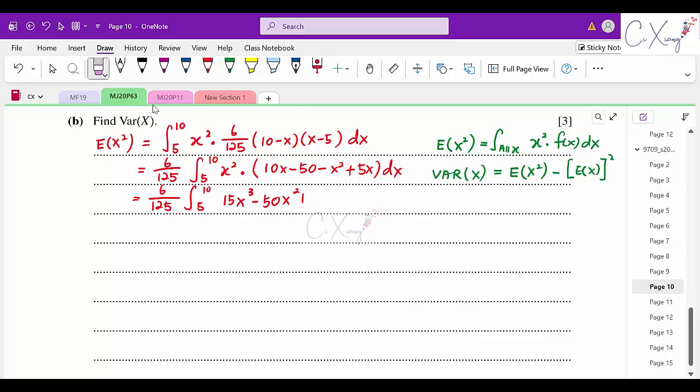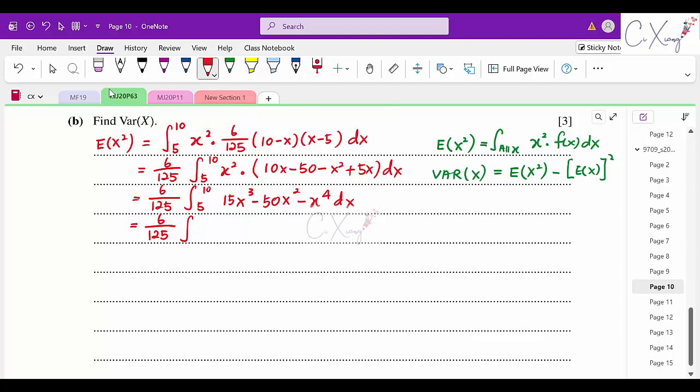Minus x power 4. And kindly take note that in this part, of course, you need to apply some concept in pure math integration. You need to know what kind of function you can integrate, or how you should simplify your function before you can integrate it.